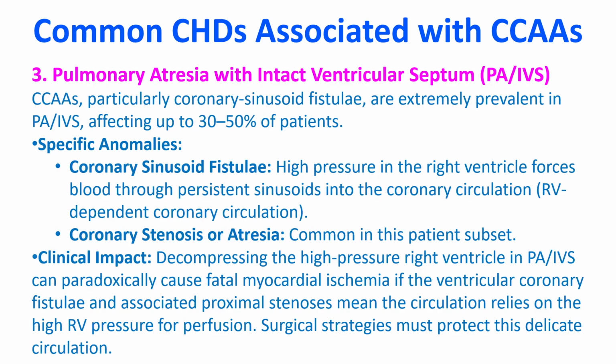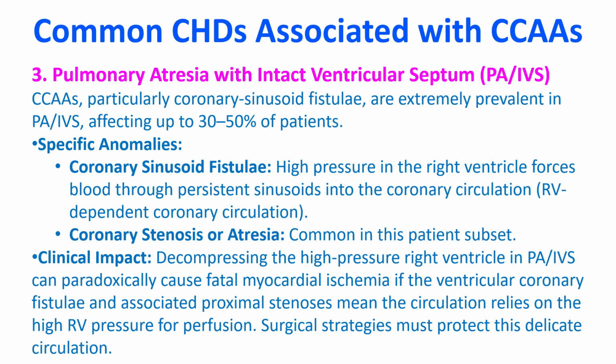Coronary sinusoidal fistulae occur from the high pressure region of the right ventricle and force blood through persistent sinusoids into the coronary circulation, that is the RV dependent coronary circulation. Another anomaly likely is coronary artery stenosis or atresia.